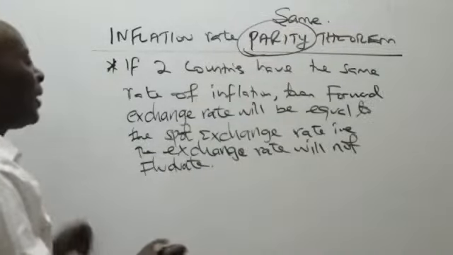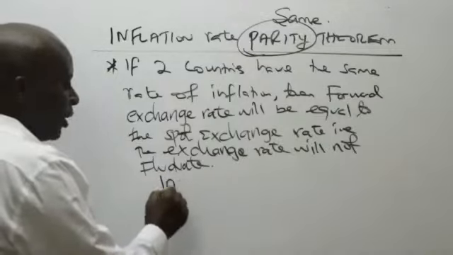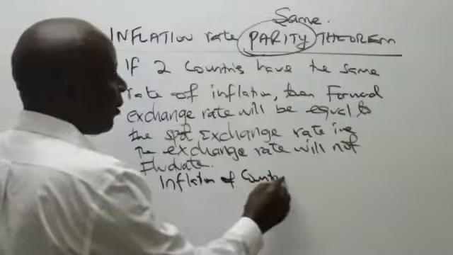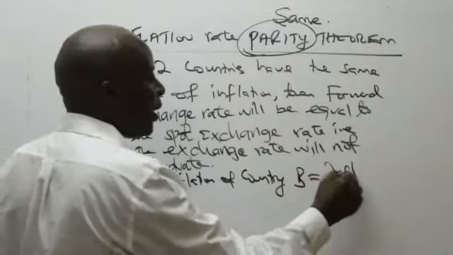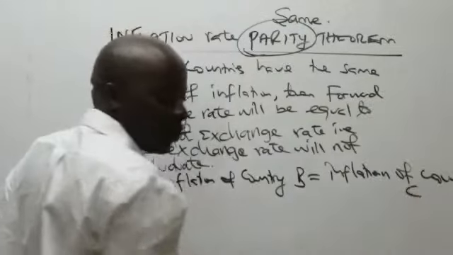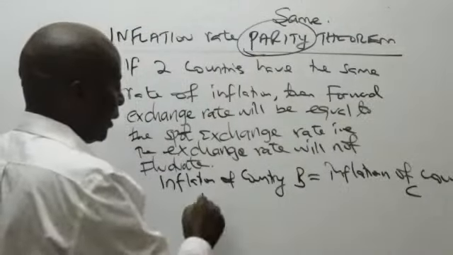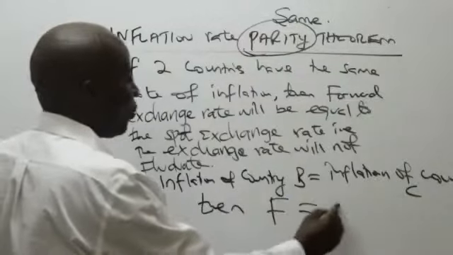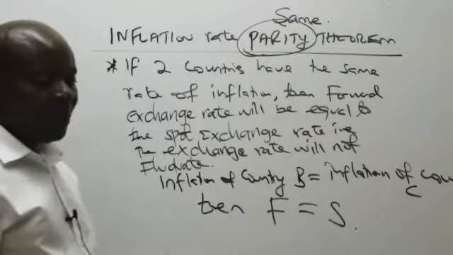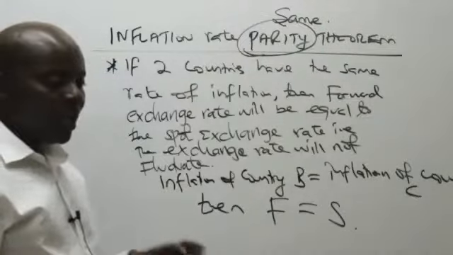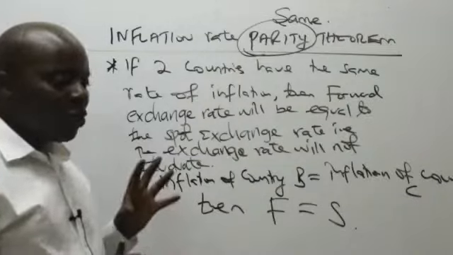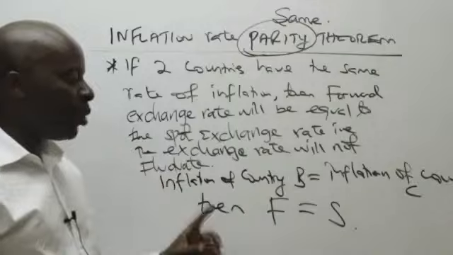What we are saying, ladies and gentlemen, is that if inflation of country B equals inflation of country C, then F will be equal to the spot rate. If the two countries' inflation is the same, then the forward exchange rate will exactly be equal to the spot exchange rate.